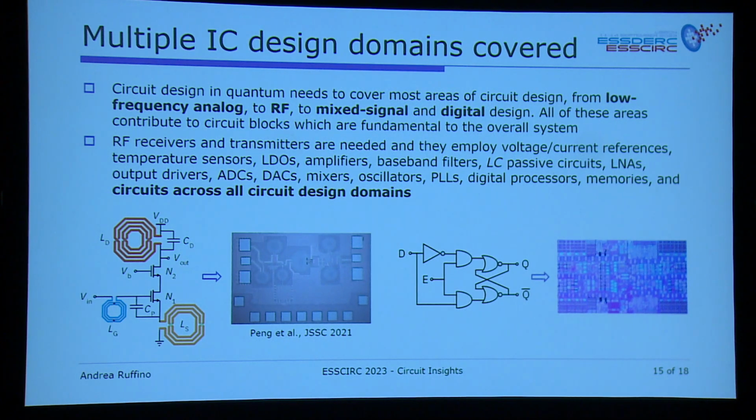Many of the most fundamental areas of circuit design are needed in cryogenic CMOS circuits for quantum, ranging from low-frequency analog circuits to RF, which is heavily present, mixed signal circuits, and also digital design. And all of these areas contribute to the overall system. And the typical circuits which I showed at the beginning, which I showed you examples of, cover circuits across most circuit design domains.